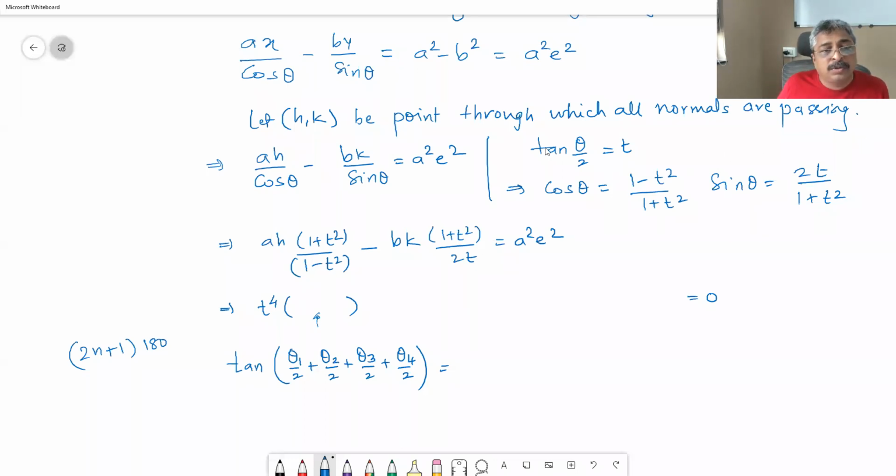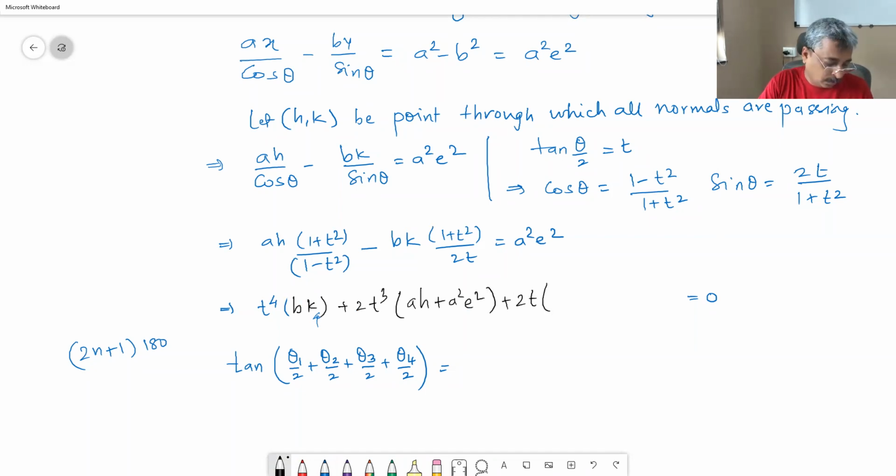Okay, so the fourth degree in T I will write directly, and it looks like this: T4 into BK plus 2T cube into AH plus A square E square plus 2T into AH minus A square E square minus BK.